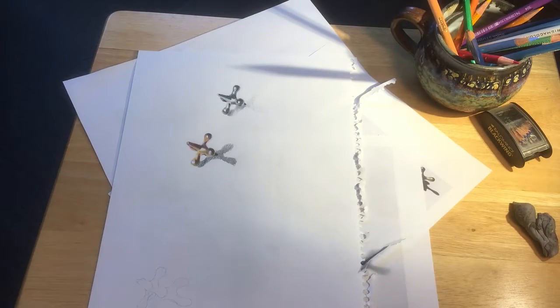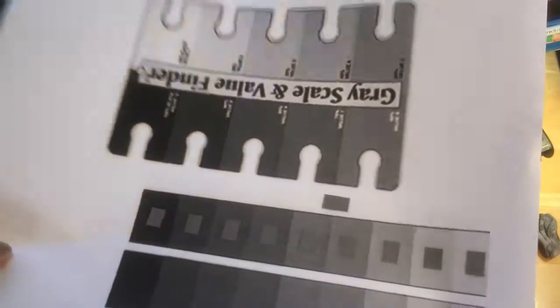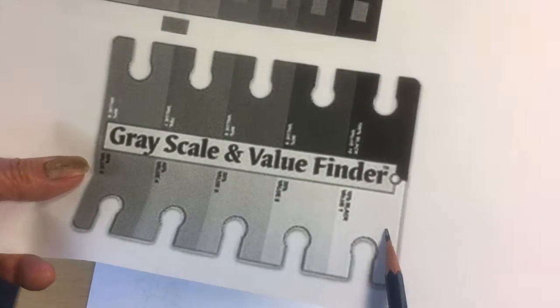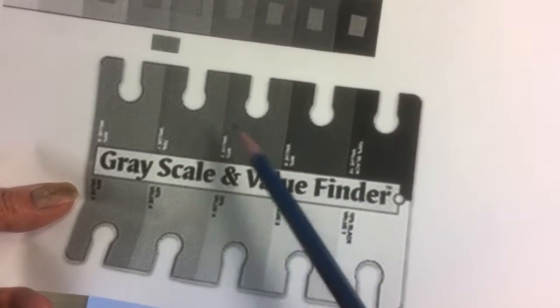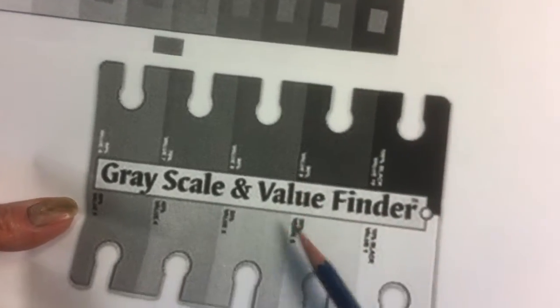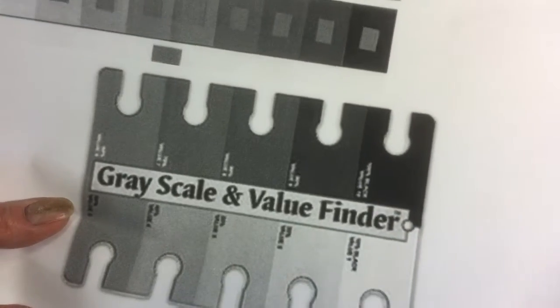This is a good exercise for practicing values. This is a 1 to 10 value, this being the lightest, this being the darkest, and then the 9 increments in between. And it is possible to get that with graphite, even colored pencil.